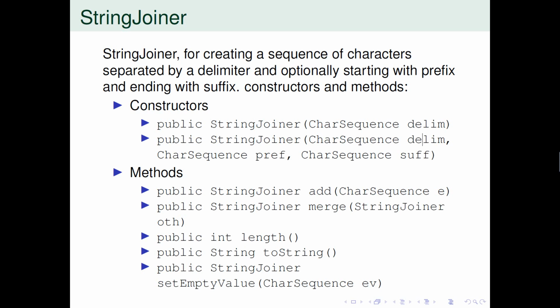And what you have is also a method called setEmptyValue. If there are 0 elements in the StringJoiner, I have not added anything into the StringJoiner, in that case, what should be the string that should be displayed? Someone asking for toString. So fine, no values available or some such string message you would like to keep if there's nothing.